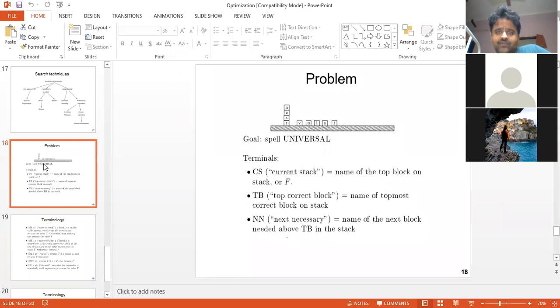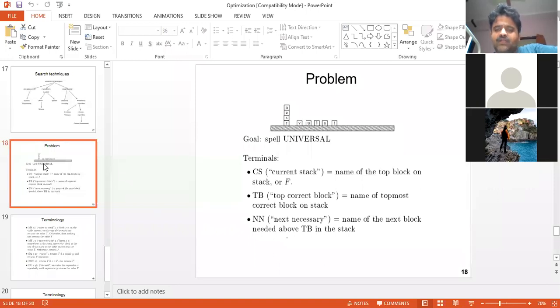This is one simple problem used in genetic programming. It will be useful in understanding how compiler programming is written. It is an application that consists of some stack-based application. We need to spell out the word universal.